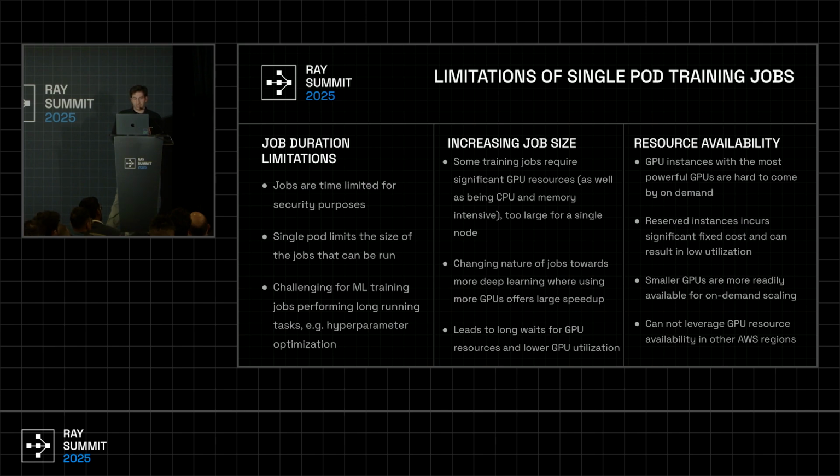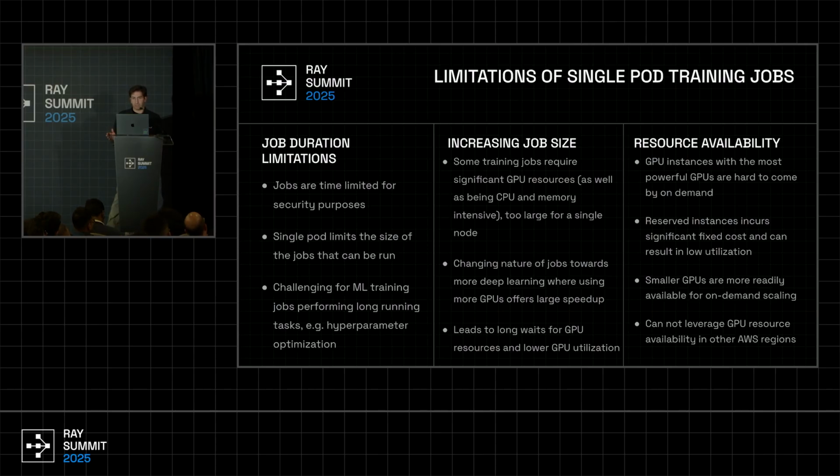The next limitation area we have is on job size. So some of our training jobs require significant amounts of the different resource types, primarily GPU and memory. And for some jobs, this has gotten to the point of not being able to fit onto a single node. There's also the shift in the types of ML training jobs that we have from more of the tree-based to more of the deep learning architectures.